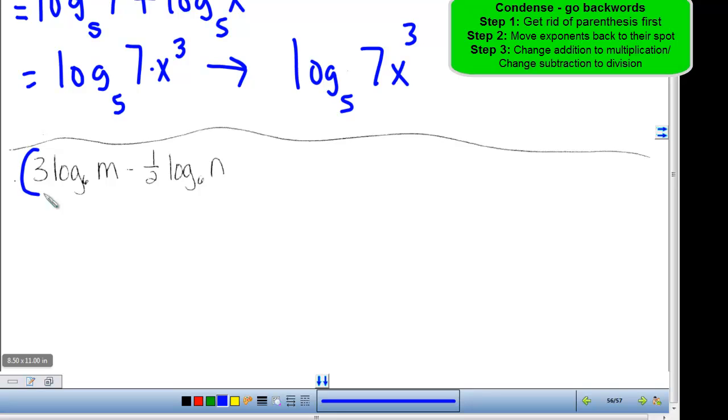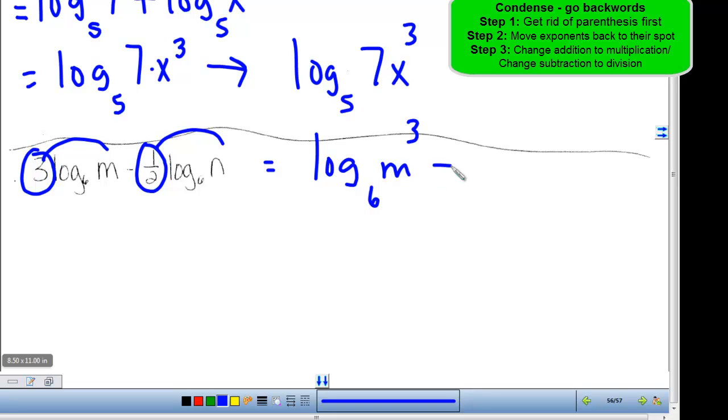First thing I notice is I'm going to have an exponent here and here, so I need to take care of those. So I have log base 6 of m to the third minus log base 6 of n to the 1/2. Now I notice there is a minus sign here, and when we subtract, we need to divide, and that's the second log law.